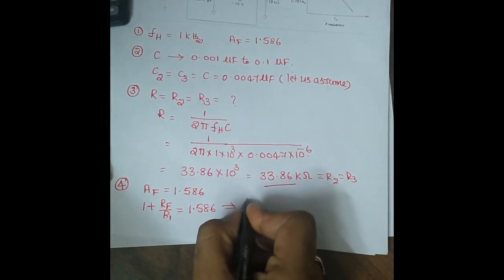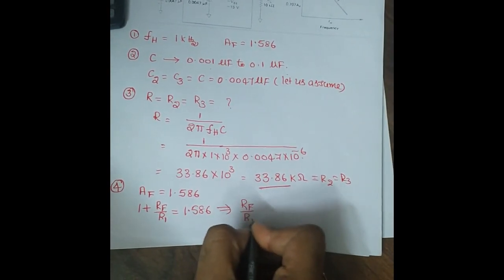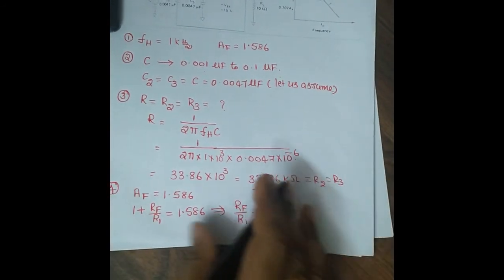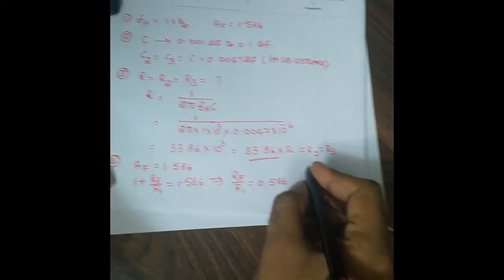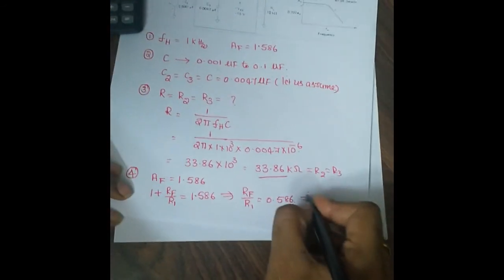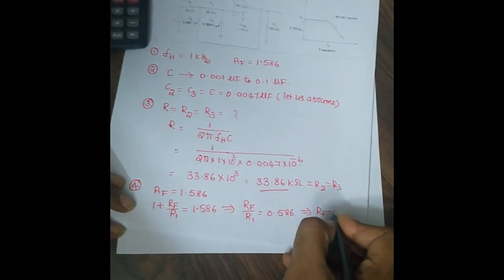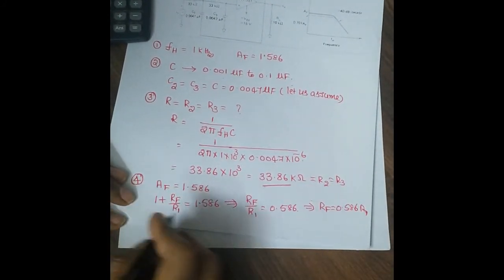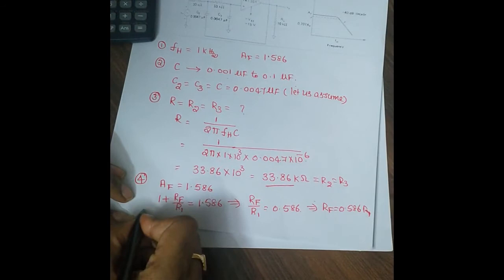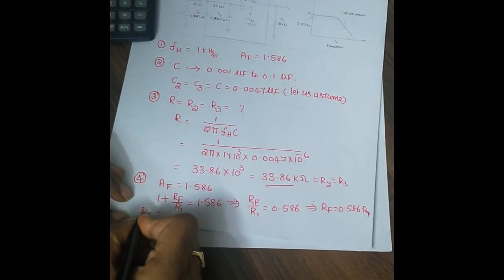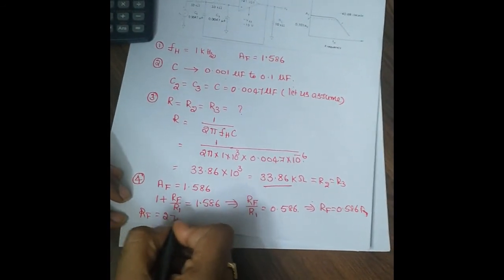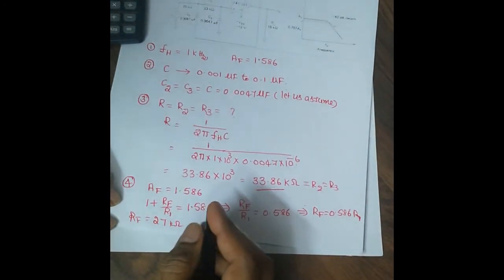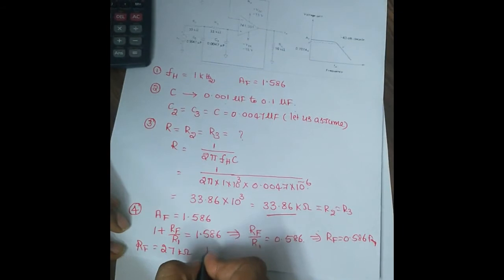From this, RF by R1 equals 0.586, which implies RF equal to 0.586 into R1. Suppose I assume RF equal to 27 kilo ohm.